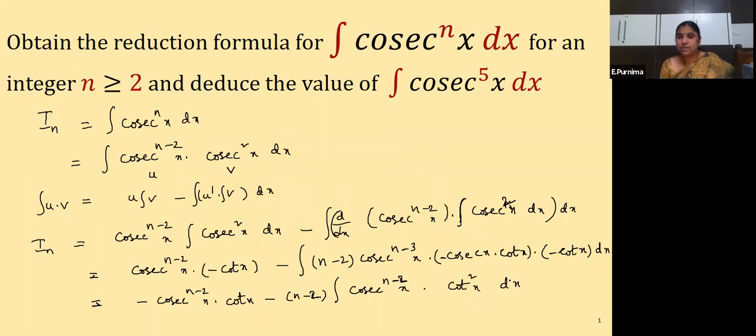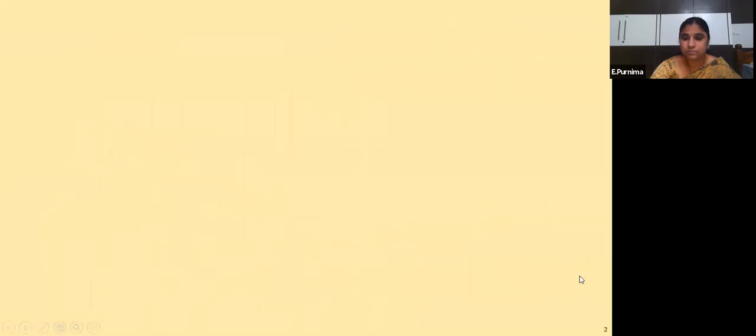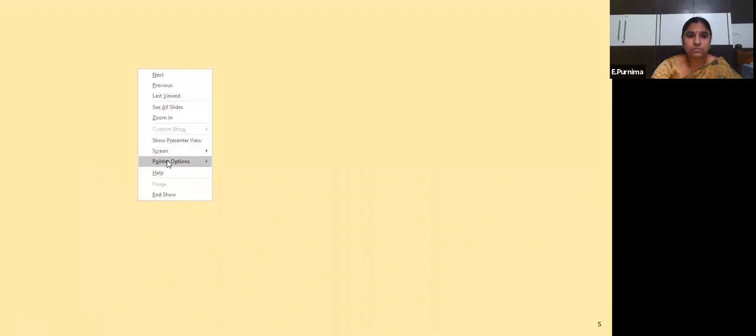Cot x into cot x is cot square x. So now here, I n is equal to, what did we get here?